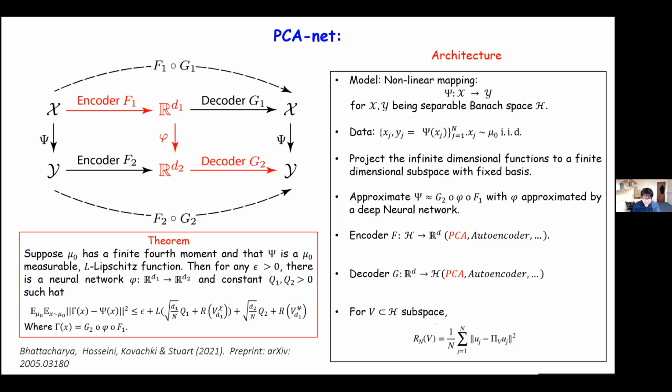He is a PhD student at Caltech, stating that if you use this architecture, we can guarantee that, suppose we have enough data and enough reduced dimensions D1, D2, this architecture can approximate pretty much all the Psi of practical interest, so that we have an error which is controllable and tends to 0 if we have an infinite number of data, or we include an infinite number of dimensions.